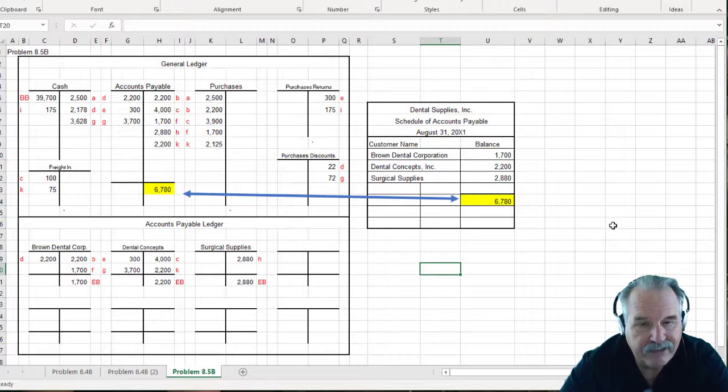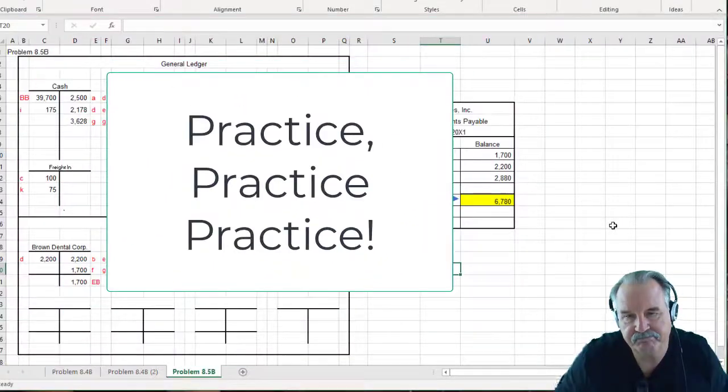So this is a really good control process for making sure that errors don't happen. So our accounts payable ledger, we have Brown at $1,700, Dental Concepts at $2,200, Surgical Supplies at $2,880, and they agree with the balance in the accounts payable account.